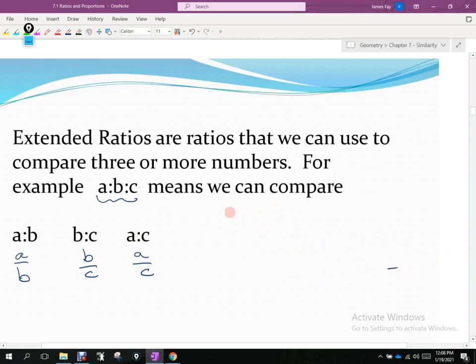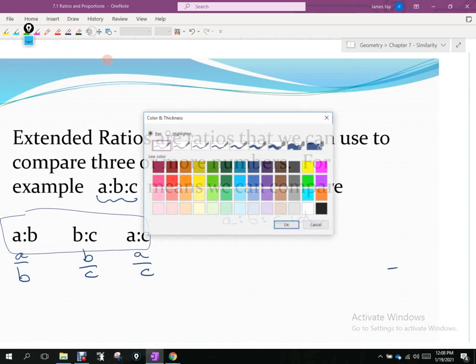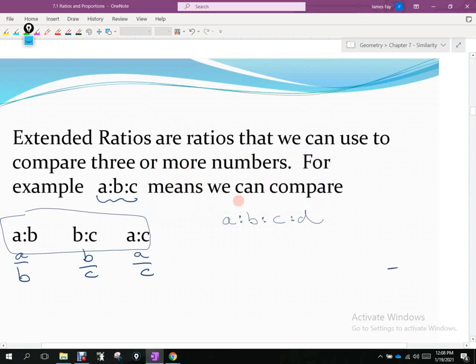So if I had, let's do one with 4. If I had A compared to B, compared to C, compared to D, basically to find these comparisons, in this case it's going to be more than 3, you take your first term, and you compare it to everything else.